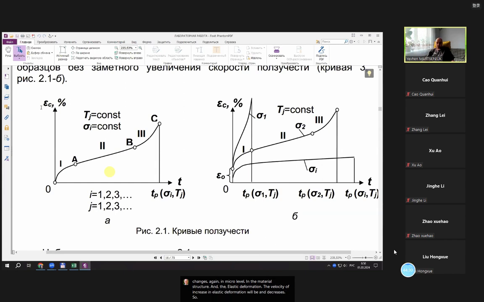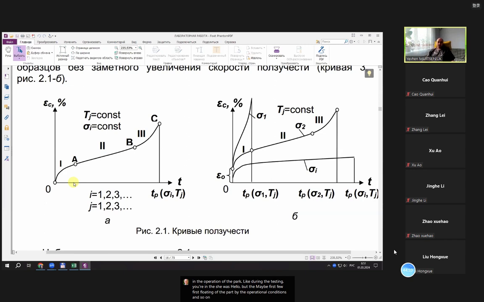This is the first stage in the operation of the part, like during testing, during the first loading of the part by the operational conditions, and so on.